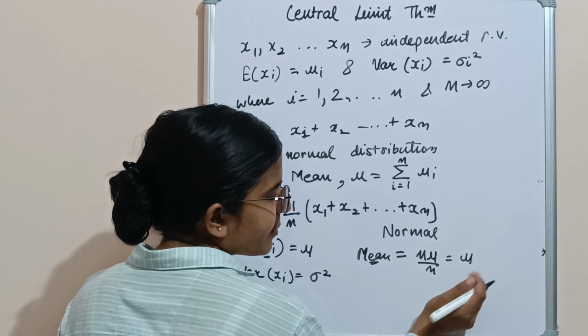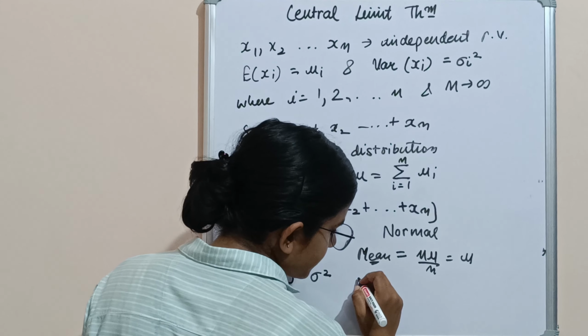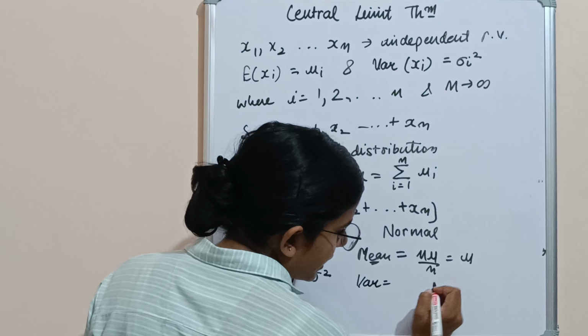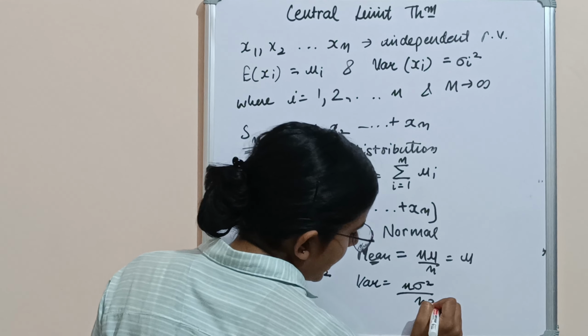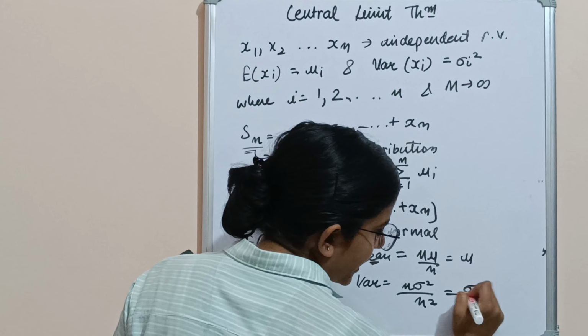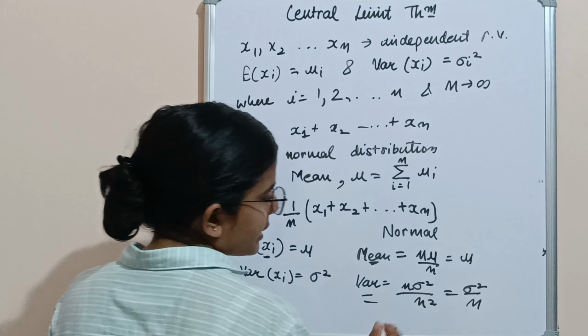So our mean will remain mu and our variance will be n times sigma square divided by n square, that is sigma square by n. This is our variance.